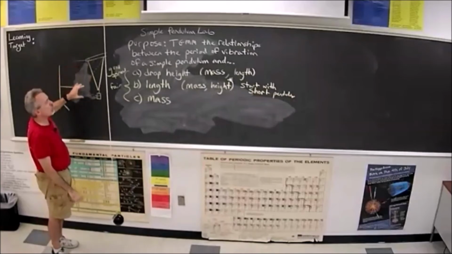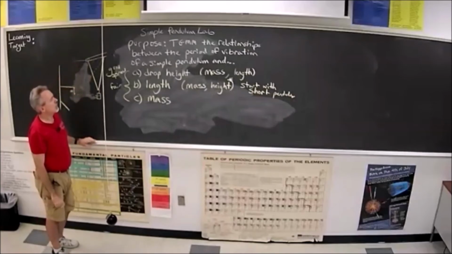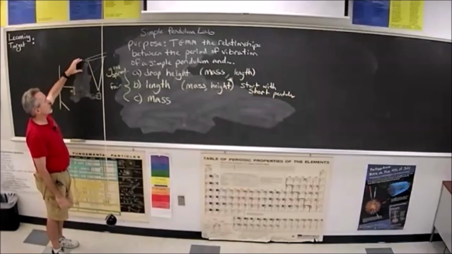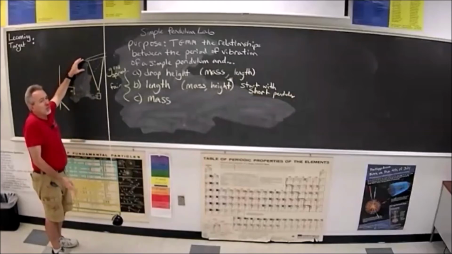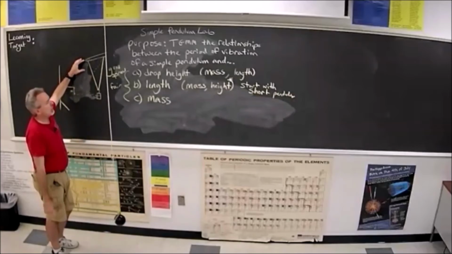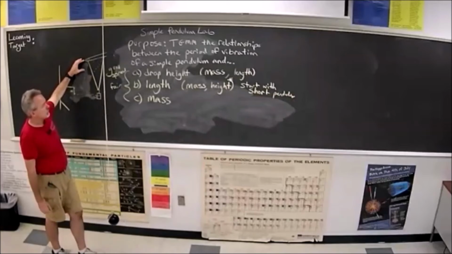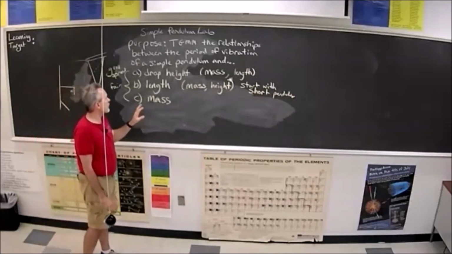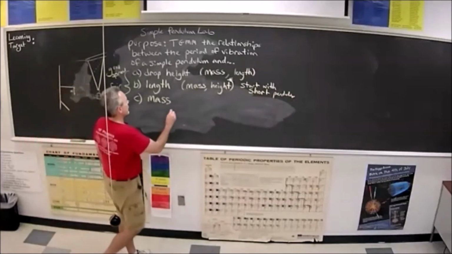And you keep that drop height the same all the way down. So by starting with a short pendulum, you could figure out what your drop height is and just keep that constant.